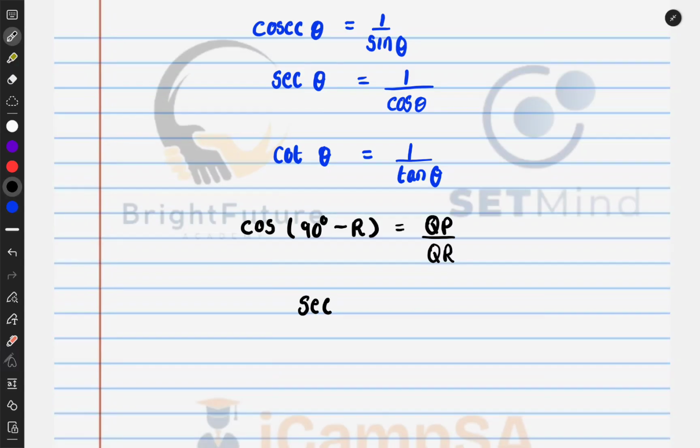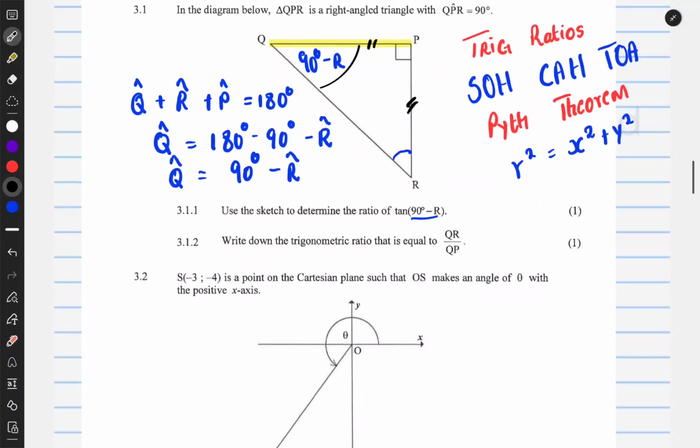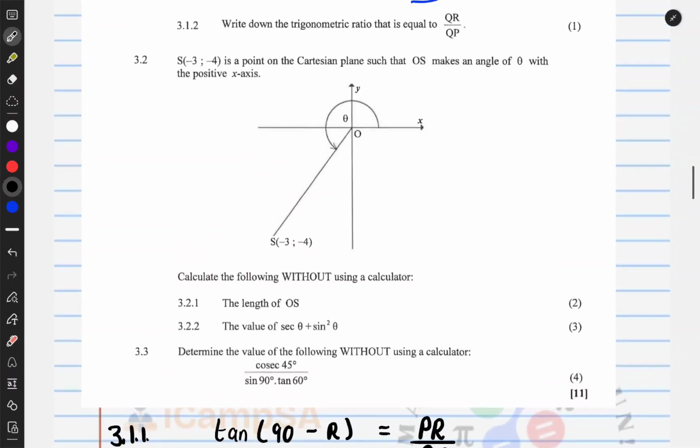So sec of 90 degrees minus R is going to be equal to QR over QP. This is what we were looking for. So by using that reference angle, we have sec of 90 minus R.